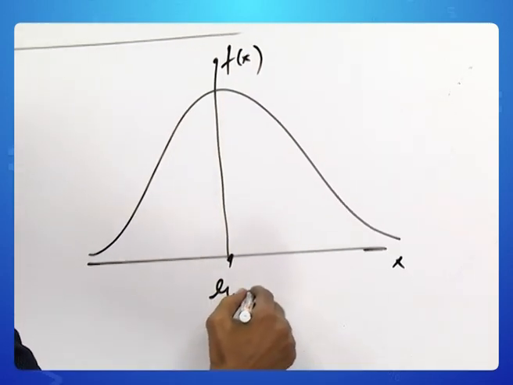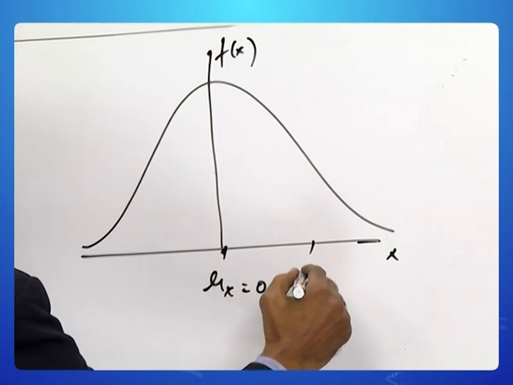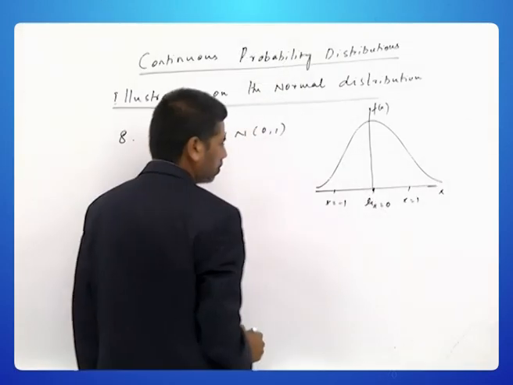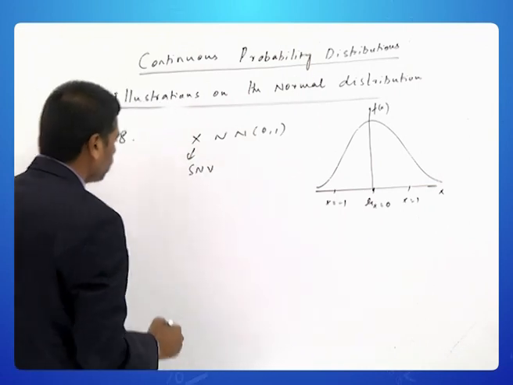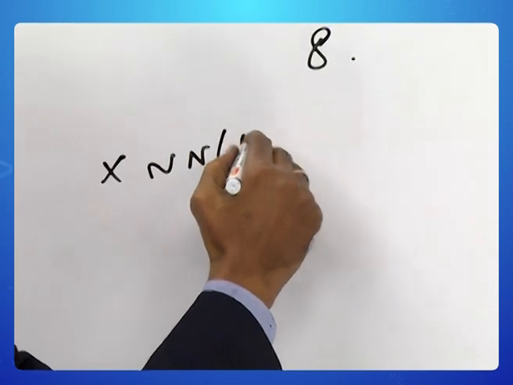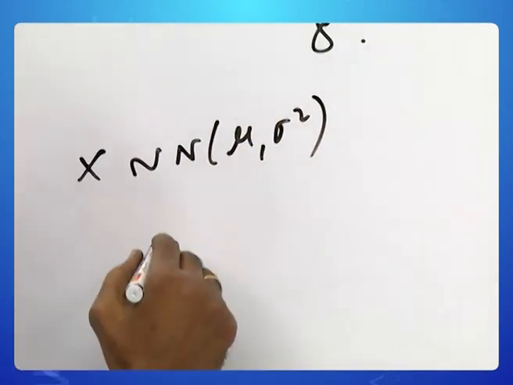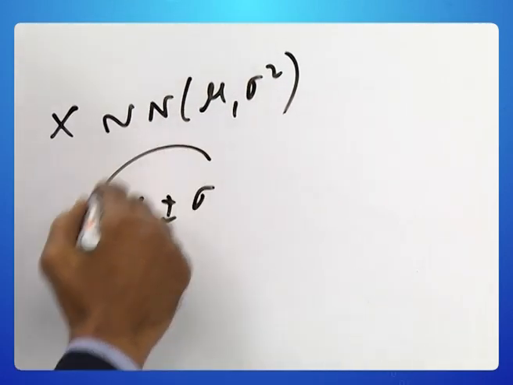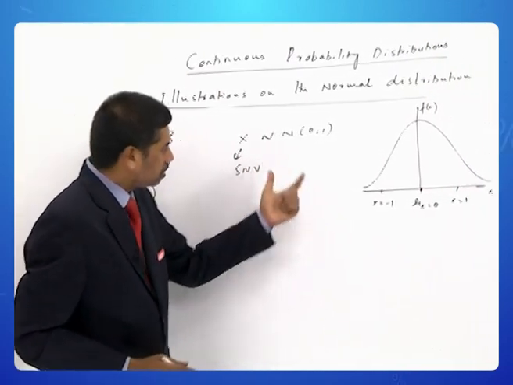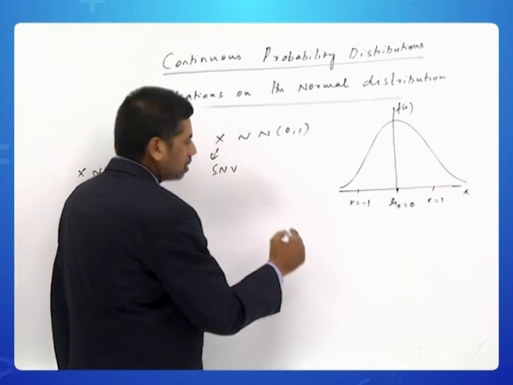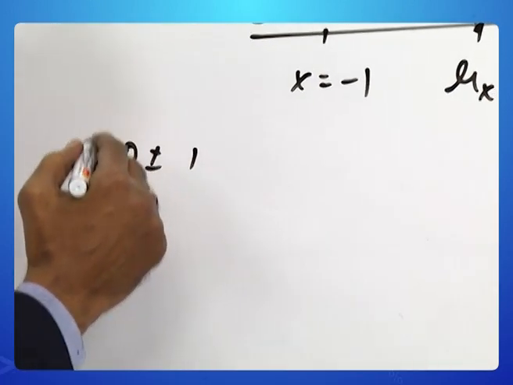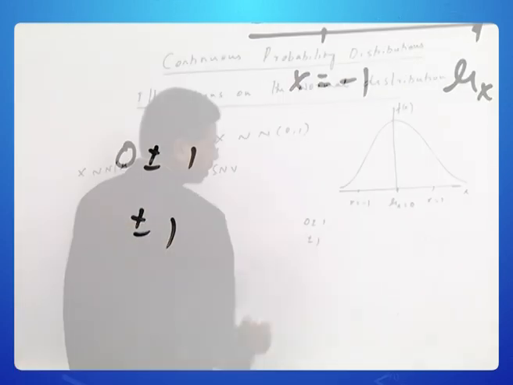This is mean of x is equal to 0, x is equal to 1, x is equal to minus 1. Now we remember that if x is normally distributed with mean mu, variance sigma squared, inflection points are located at mu plus or minus sigma. Now in the case of the standard normal variate, the inflection points are located at 0 plus or minus 1, that is at plus or minus 1.